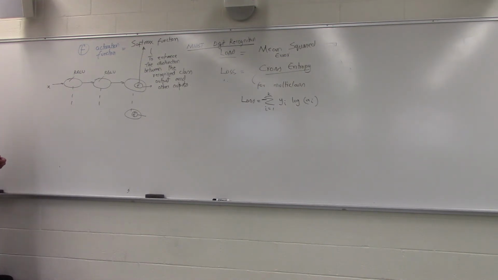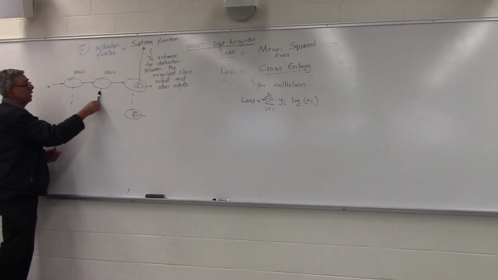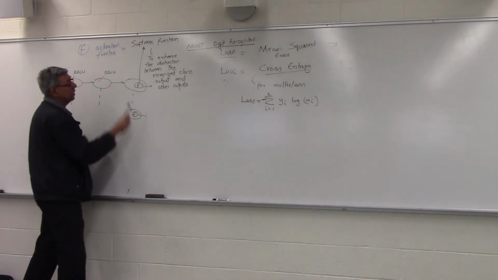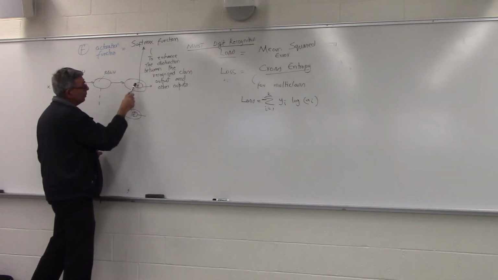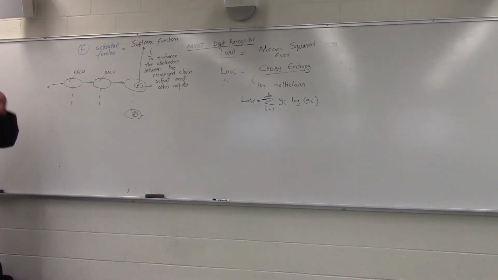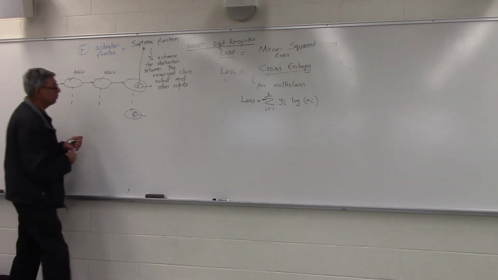Okay, so once again, you will never use a softmax function in the middle layer or in the input layer. Only in the output layer you will use the softmax function as the activation function. And what's the purpose of it? As I mentioned, the purpose is to enhance the distinction between the recognized class output and the other outputs, right? So it's a very simple function. So this is what we'll do.